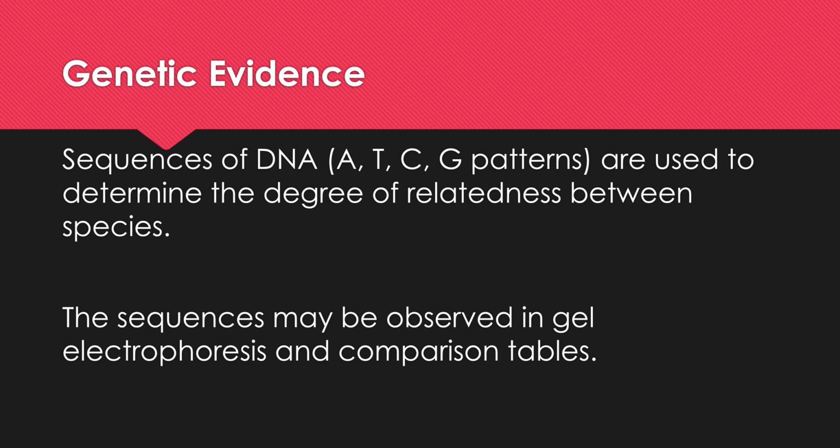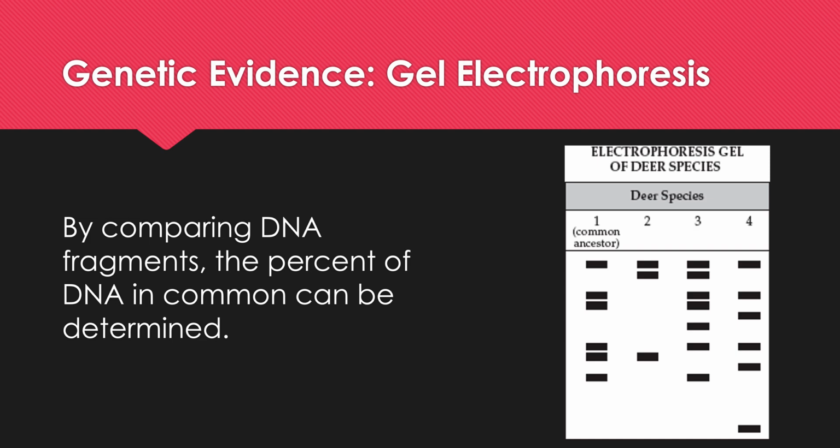So genetic evidence, when we went through our genetics unit, we learned all about the DNA sequences A, T, C, G. And we can use those patterns to determine how related 2 individuals are or are not. And the way we do that is using a process called gel electrophoresis. Gel electrophoresis is when you take segments of DNA and it's put into this chamber with gel that's a little thicker than Jello.